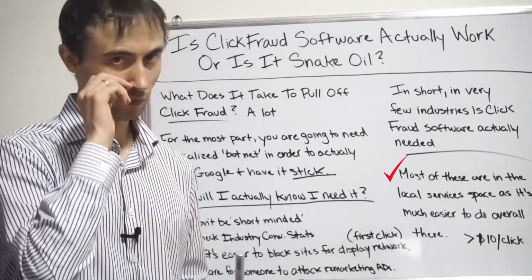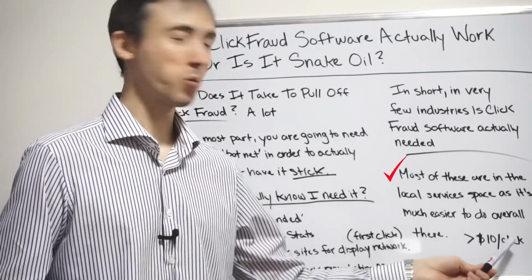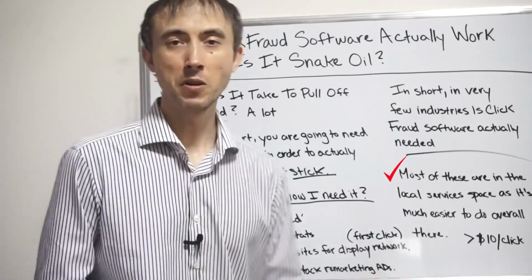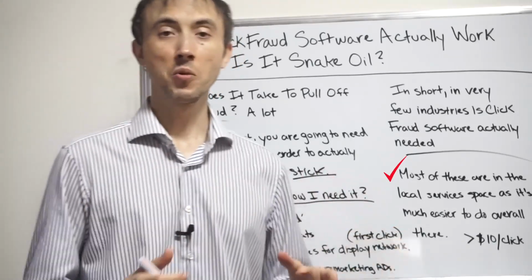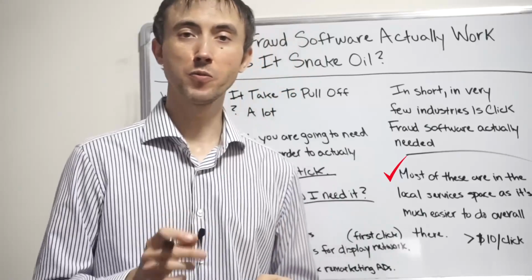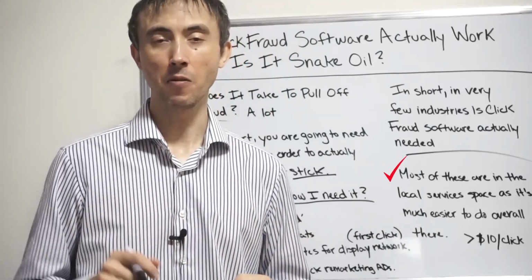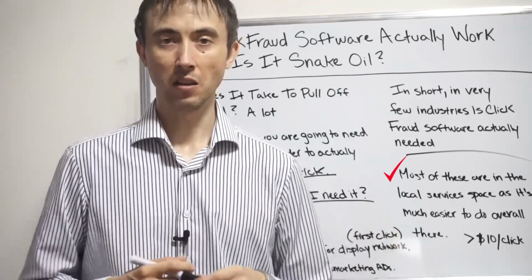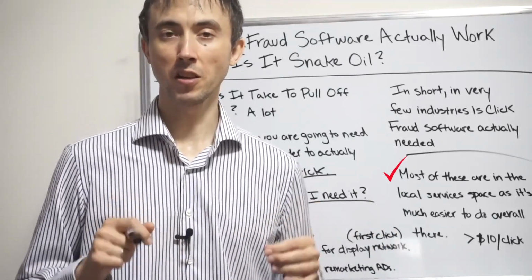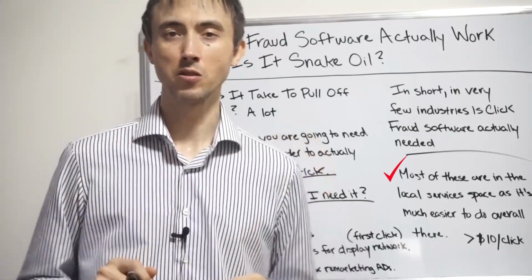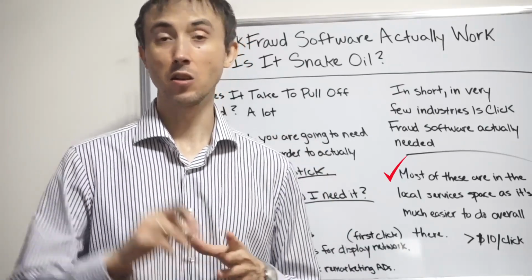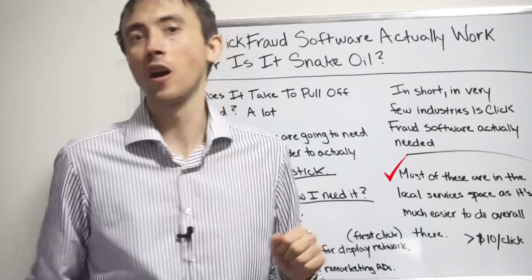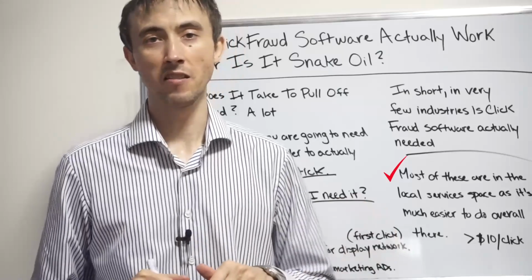So we're talking about markets where the cost per click on Google search is over $10 a click. The reason for that is it takes fewer clicks to basically make a campaign not profitable, so it's easier to do the click fraud to somebody. Also, for the person doing the click fraud, it takes fewer monetary resources, because it's not just about the owner sitting there clicking on your ads. It's much more sophisticated than that.